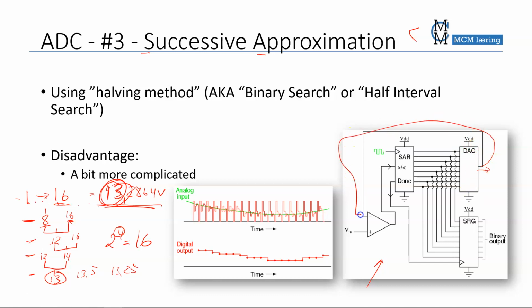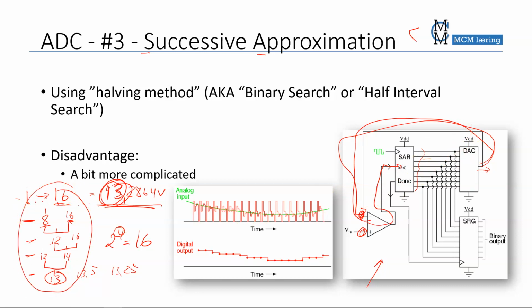That will be presented here, and the comparator here would check, is the voltage that I have larger or smaller than half the value. And that will tell the register if it was above or under. And then the next number it's presenting here is based on what was fed back in the first guess. The second guess will follow this scheme, the idea here.